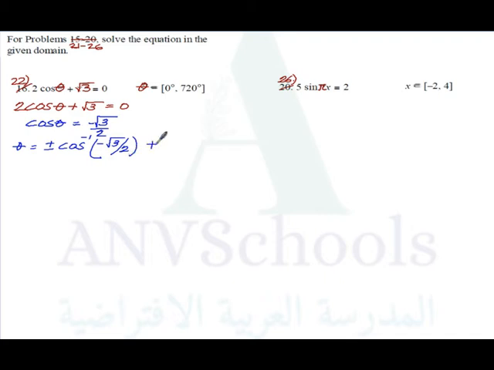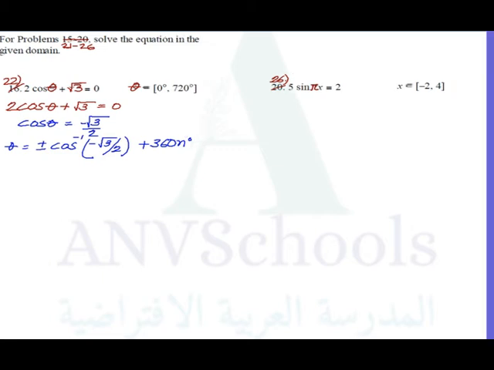Okay, in this case it's 360 degrees n. So that would be 360 degrees. This would be the general form of the solution of our given equation.